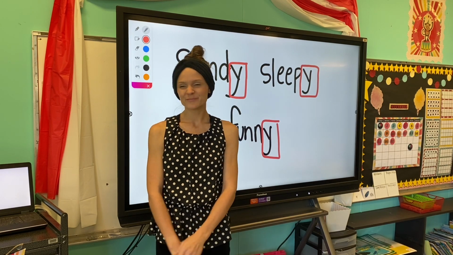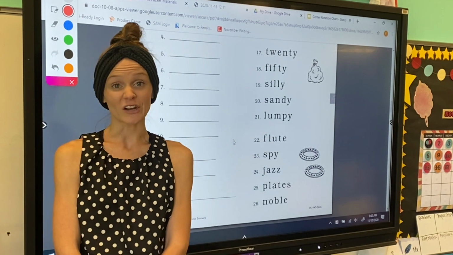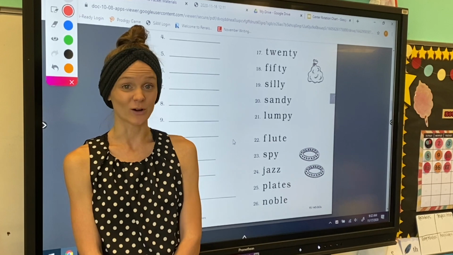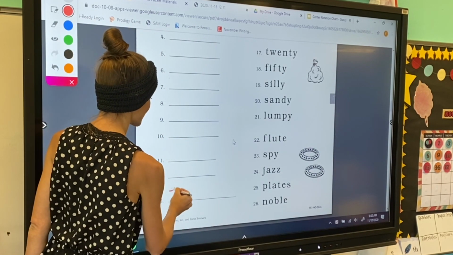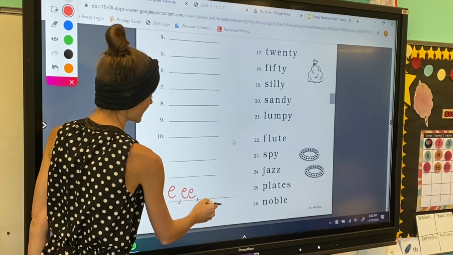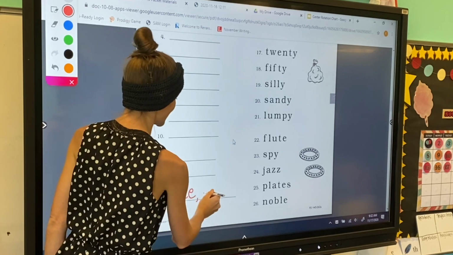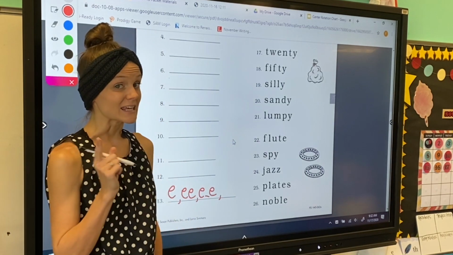Excellent job! All right, friends, for number 13, we're going to write all of the things we have learned that can make the E sound. So we've already learned previously that letter E can make the E sound. The digraph E can make the E sound. E, consonant sneaky E can make the E sound.